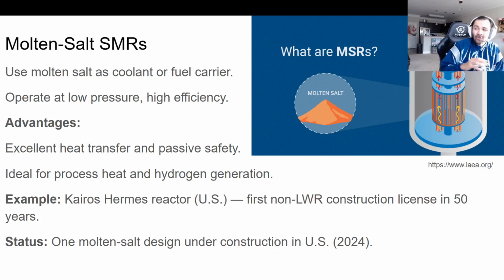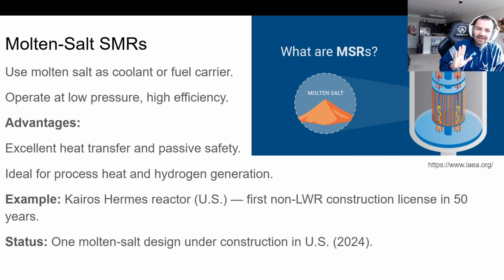And it operates at lower pressure. That's the same thing for metal cooled as well. They operate at a lower pressure, so you're not at as high a risk of pressure explosion, right? So they're at lower pressure and higher efficiency, right?